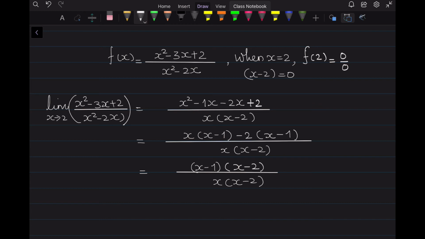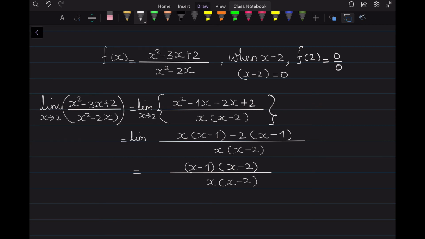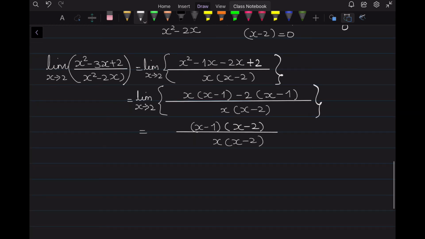So first let me write limit as x approaches 2, and here as well limit as x approaches 2. Similarly, here as well limit as x approaches 2.